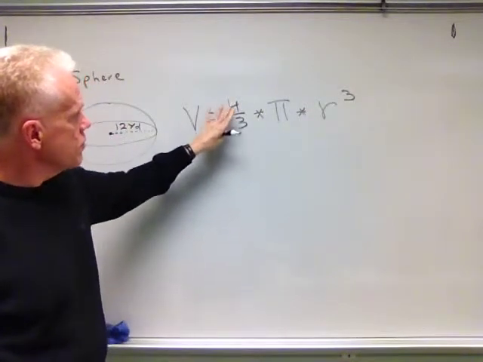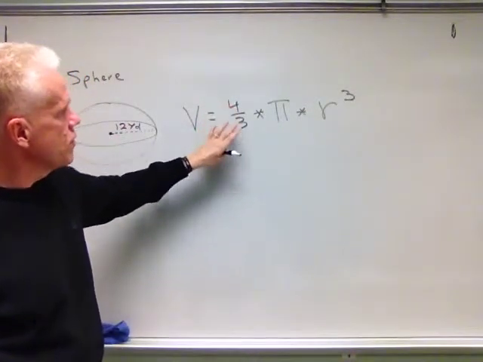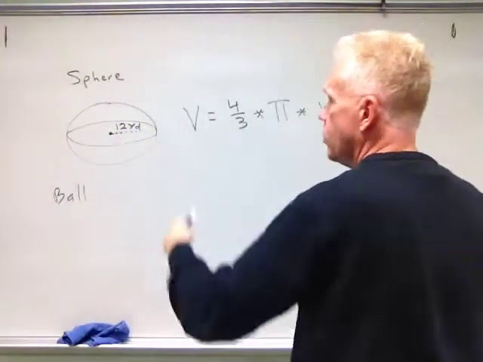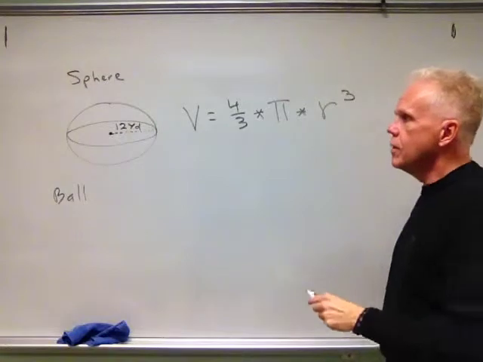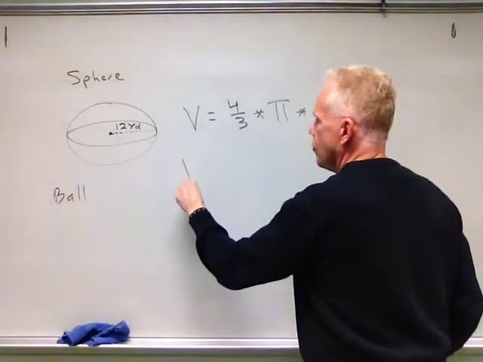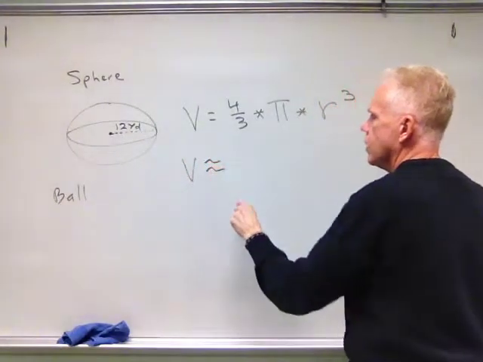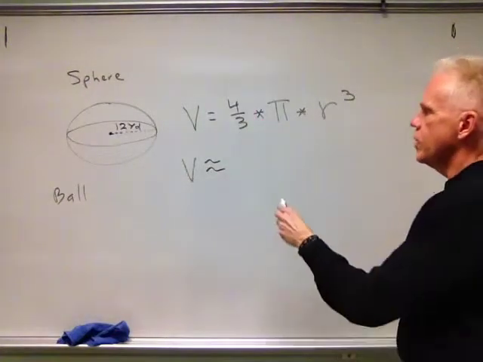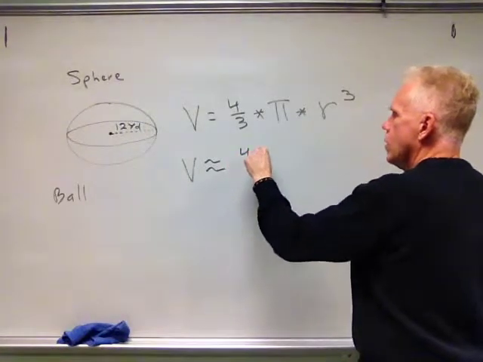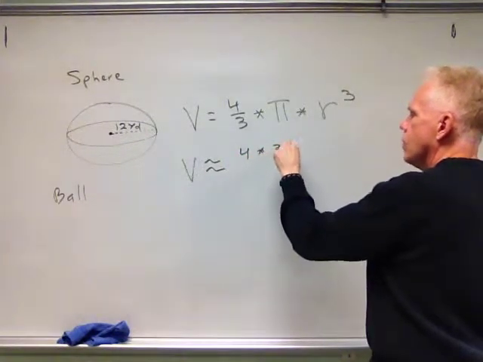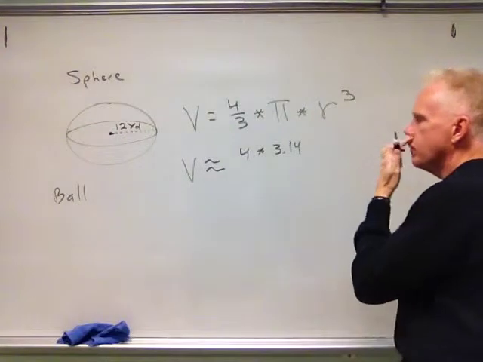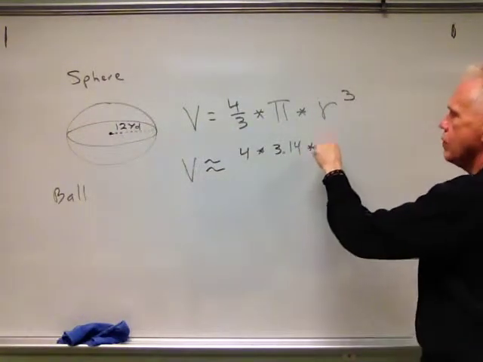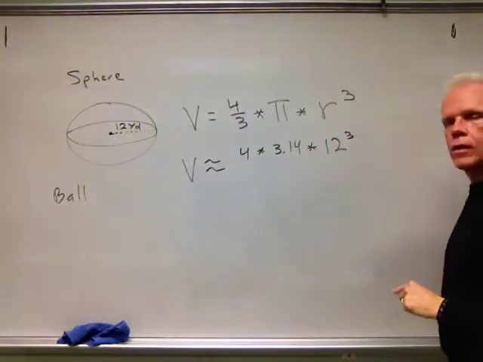The other thing that messes with people a little bit right here is this 4/3 business. I want to show you how to handle that mathematically. First, we're going to plug in our information to get the volume of this particular sphere. So volume is approximately 4 times 3.14 times 12 cubed.